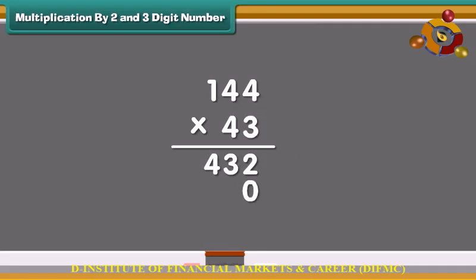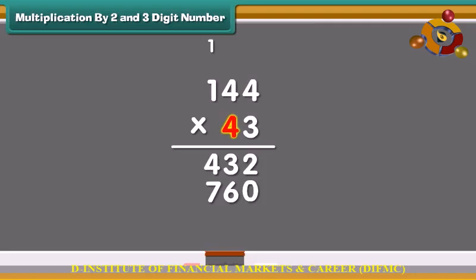Now add a 0 on ones place and multiply 4 from the number on ones place. 4 times 4 is 16. Write 6 in tens place and carry the 1 forward to the hundreds place. Multiply 4 with the number 4 on the tens and add 1 which was carried forward. Write 7 in the hundreds place and carry the 1 forward to the thousands.